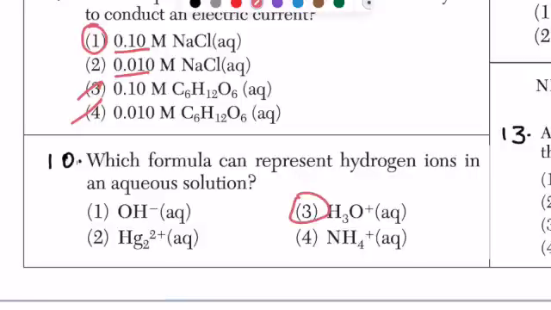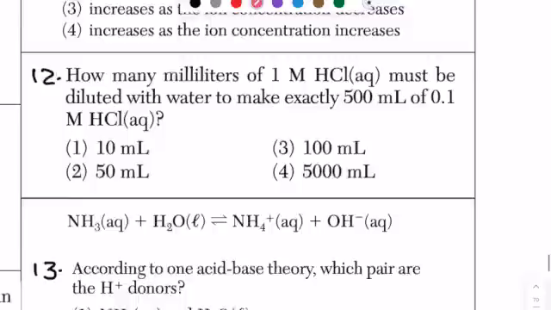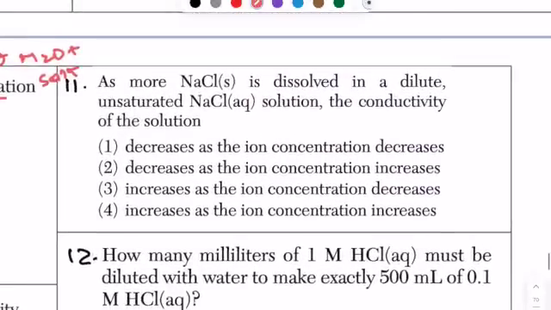That will be H3O+, because when hydrogen combines with water, it produces H3O+. As more NaCl is dissolved in a dilute unsaturated sodium chloride solution, the conductivity of the solution increases, because the ion concentration increases.